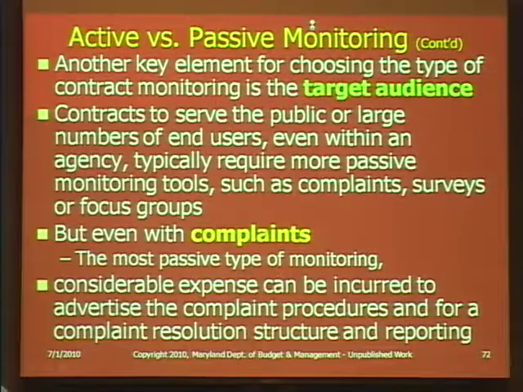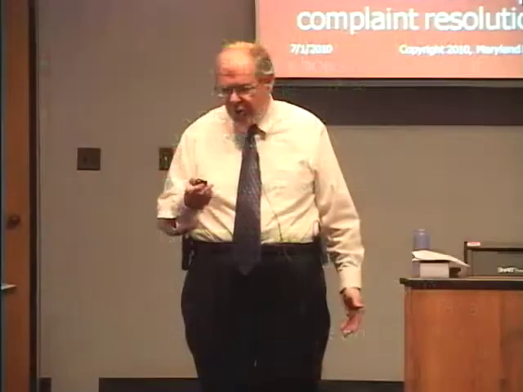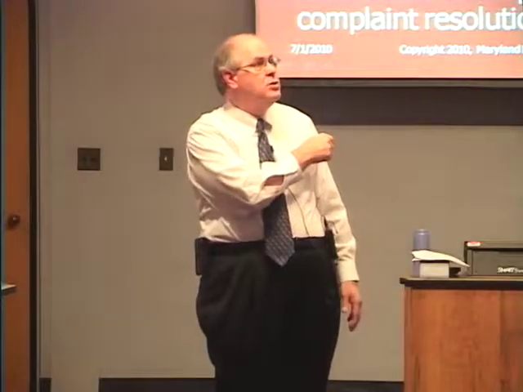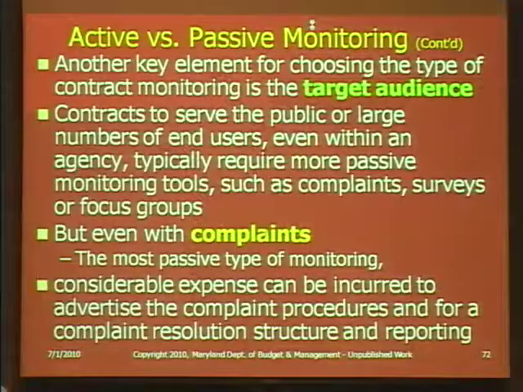But even with complaints, and again, passive can be complaints, surveys, focus groups. All of those are categorized as types of passive monitoring tools. But even with complaints, to show you that even a passive tool can be an expensive tool, assuming that you have the situation where something is targeted to the general public and you want to have a complaint mechanism, you can have procedures to advertise the complaint mechanism.